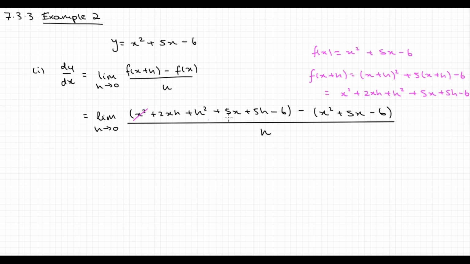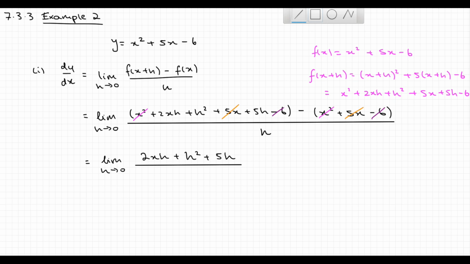So if we do a little bit of simplification first, if I compare across the two brackets, I can see that I've got an x squared minus an x squared, a 5x minus a 5x, and a minus 6 minus minus 6. So these cancel off, and what I'm essentially left with is the limit as h approaches 0 of 2xh plus h squared plus 5h, all over h.